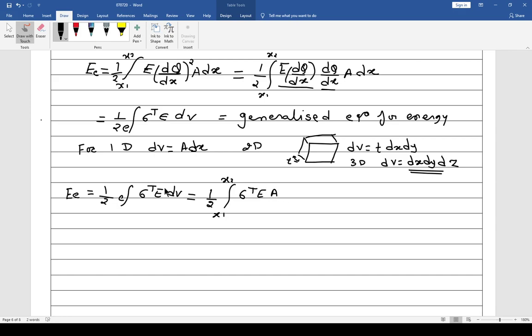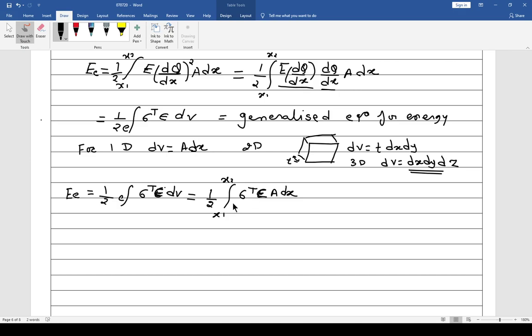Not this E, sorry, this is epsilon, the strain. So I only changed dV to A dx.